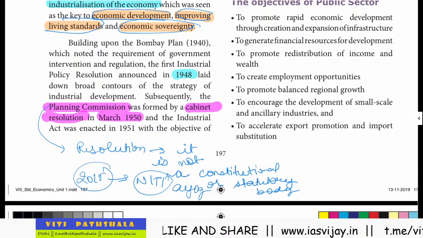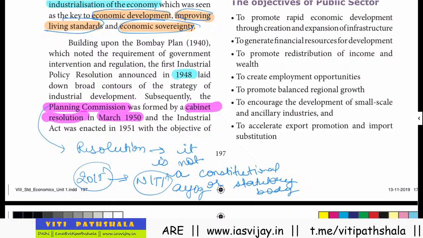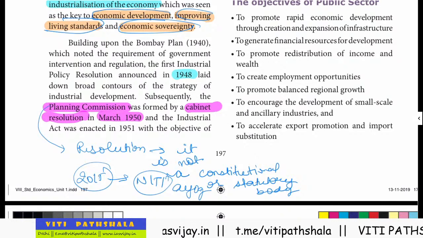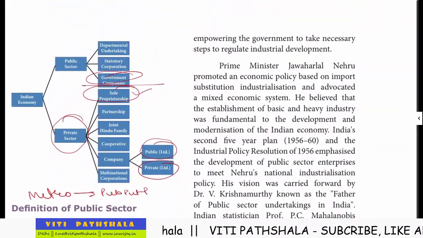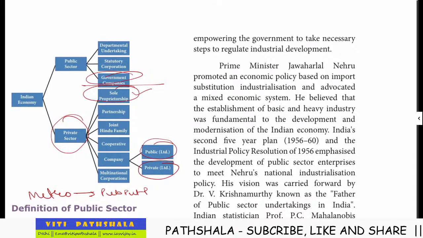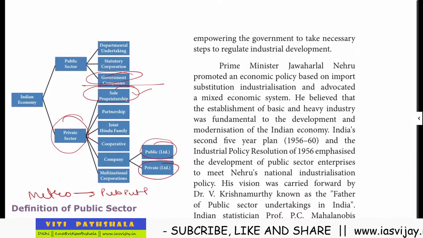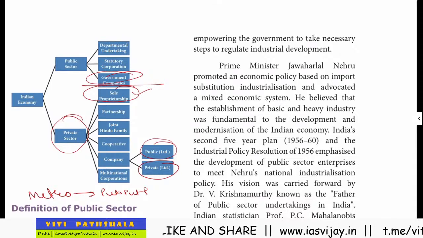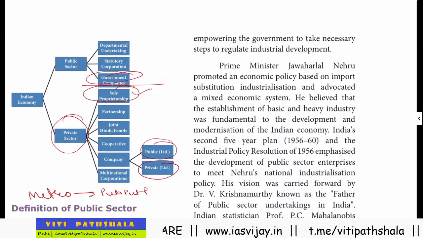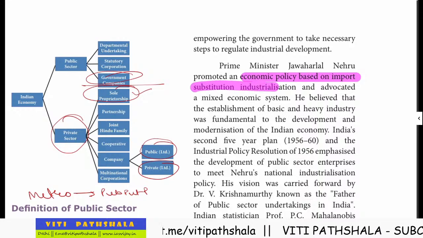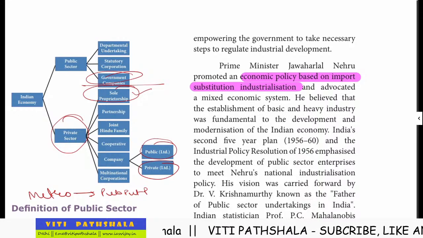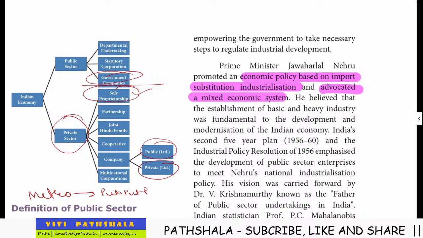The Industries Act was enacted in 1951 with the objective of empowering the government to take the necessary steps to regulate industrial development. Prime Minister Jawaharlal Nehru promoted an economic policy based on import substitution industrialization, and he advocated a mixed economic system.